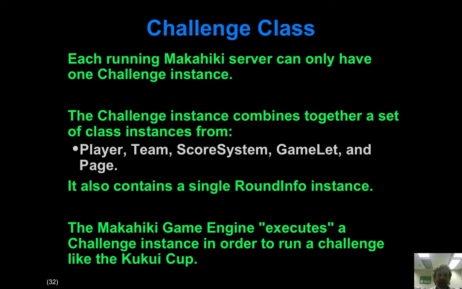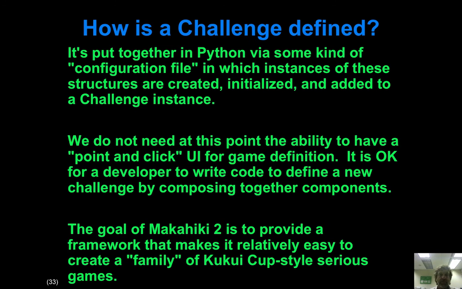It's going to combine together class instances from all the different framework components, and then you execute. In some sense, the underlying game engine is going to execute this defined challenge class to actually run the Kukui Cup. How do you define a challenge? I'm assuming it's going to be a bunch of Python code which creates objects and adds them to a dictionary or whatever.